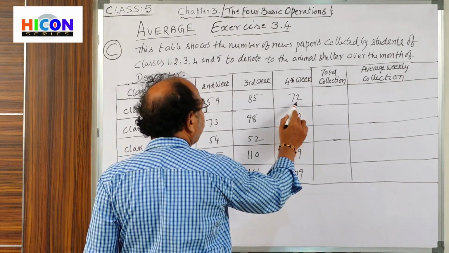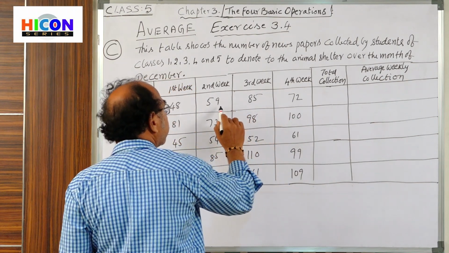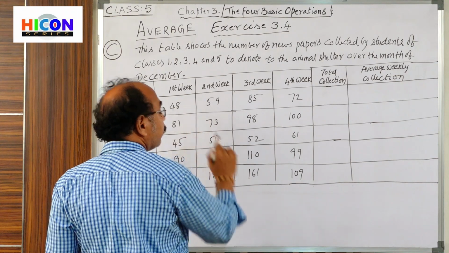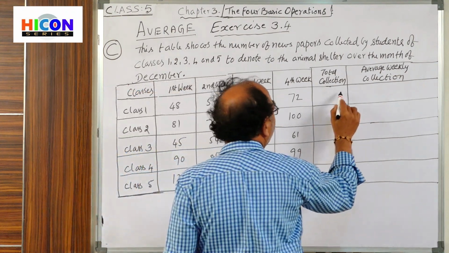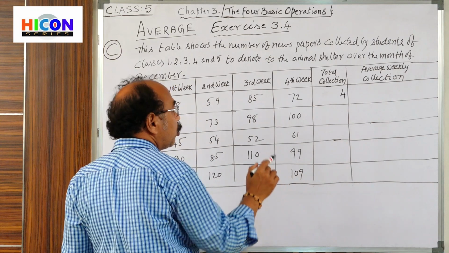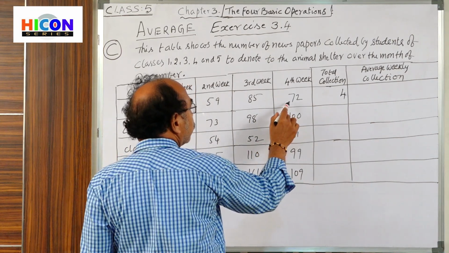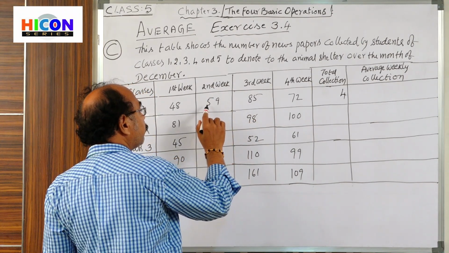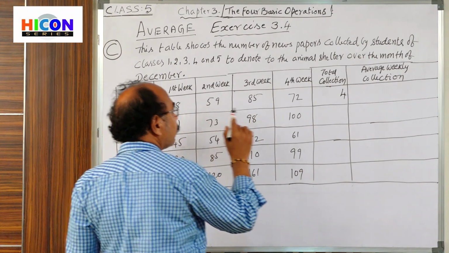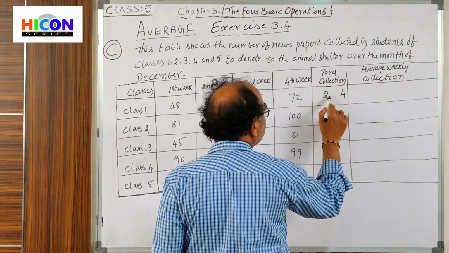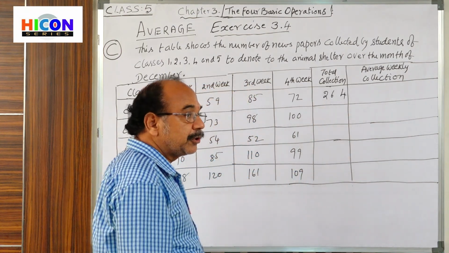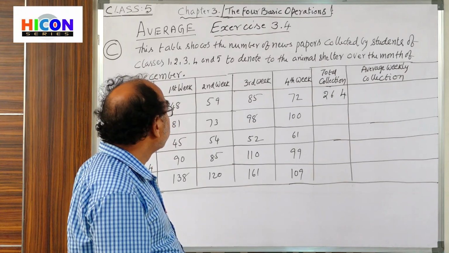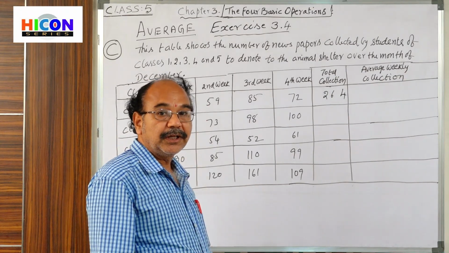So here 2 plus 5, 7, 7 plus 9, 16, 16 plus 8, 24. 4, 2 is there. 2 plus 7, 9. 9 plus 8, 17. 17 plus 5, 22. 22 plus 4, 26. This is the total collection of first class students in all the 4 weeks.